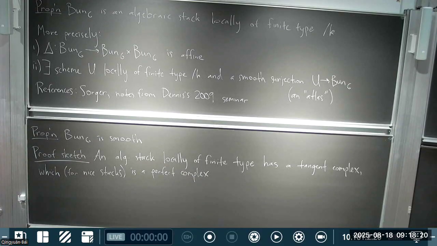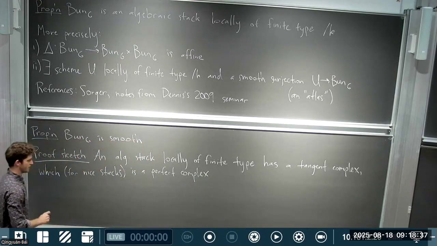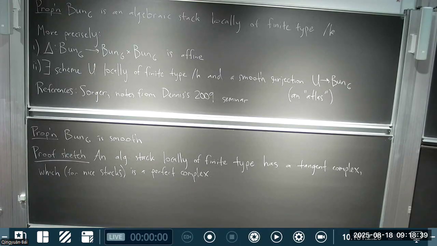Explicitly, this means for every affine scheme mapping to, in this case, Bun G, the fiber of the tangent complex at that point will be some perfect complex on the affine scheme. And analogously to the classical case, you can say what it means for an algebraic stack to be smooth in terms of its tangent complex.